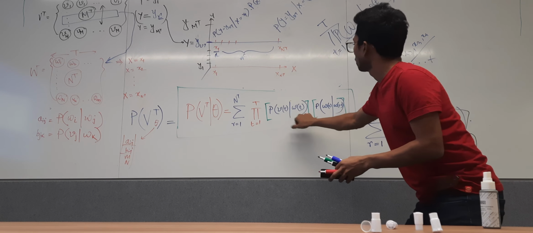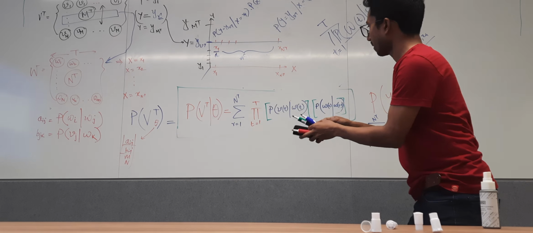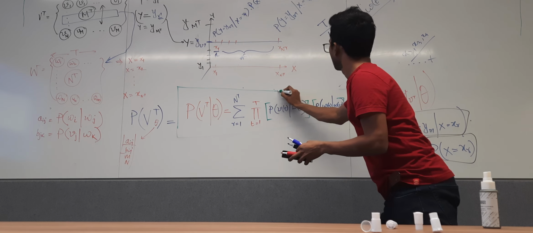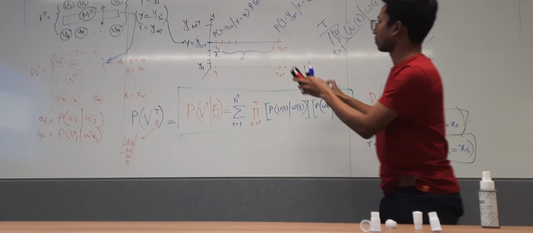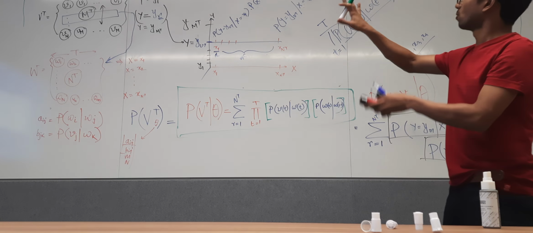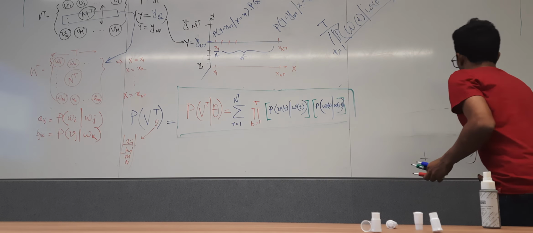This I know, the emission probability B, and this I know, the transition probability A. I was really confused how someone could write this formula directly without introspecting the deeper details of the problem.